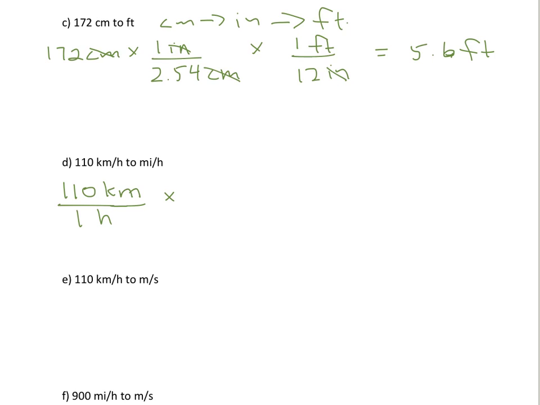And I'm going to multiply that by 0.62 miles now per kilometer. Okay, kilometers divided by kilometers is 1. So when I multiply, I'm going to end up now with 68.2. And notice the units. I still have that hour in the denominator and miles in the numerator. So I have miles per hour.